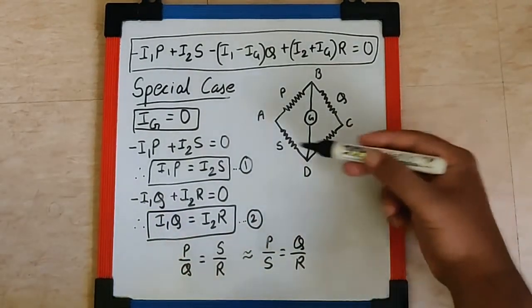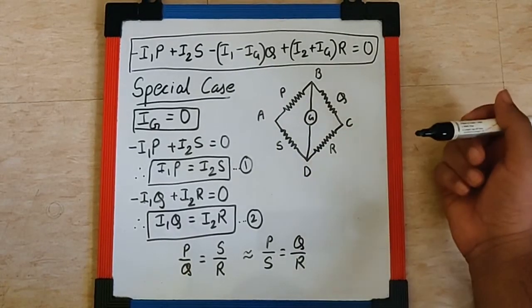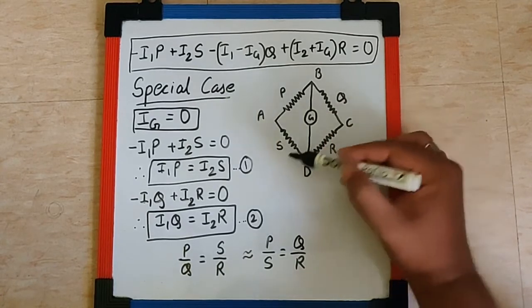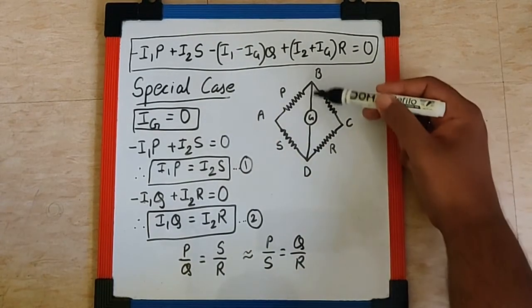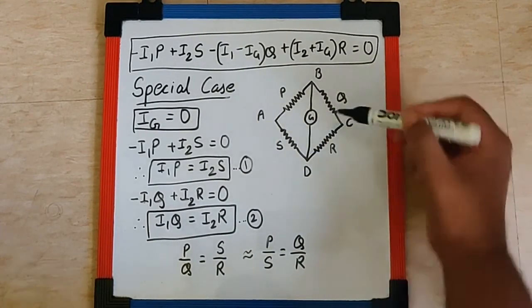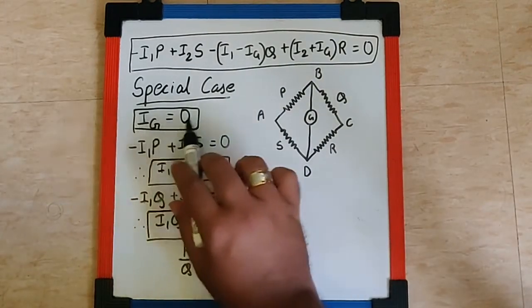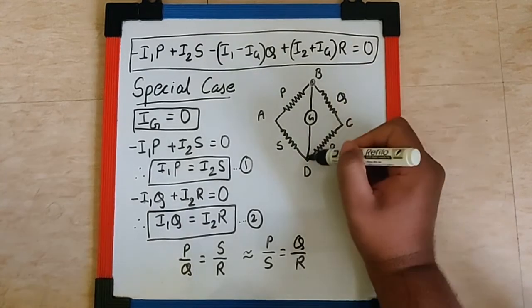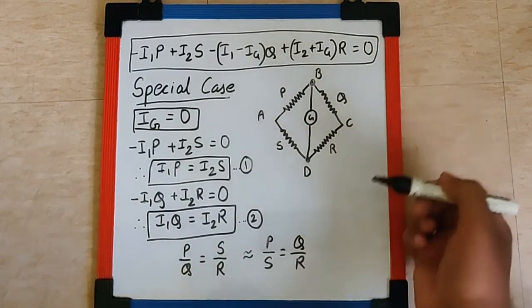If you remember the diagram, this was a diagram of the Wheatstone network where we have P, Q, R, S connected in this form. Points B and D are connected by the galvanometer. And I assume that there is no current flowing through the galvanometer, which means point B and point D are at the same potential.